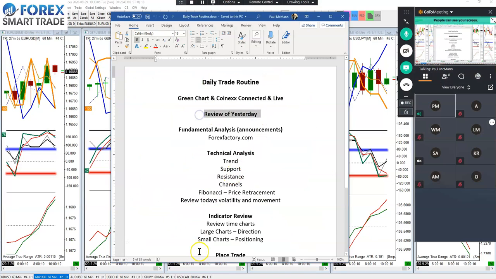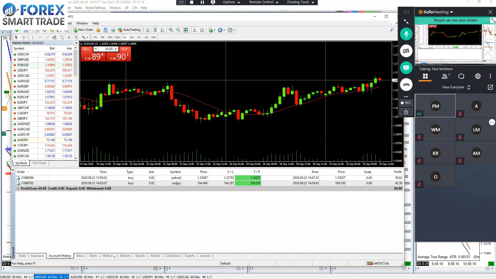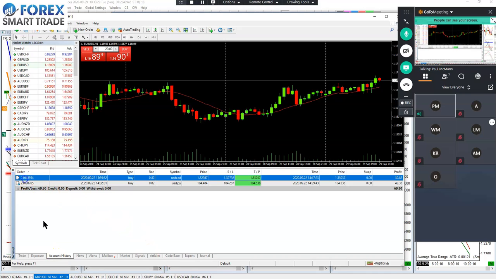Review of yesterday's trade. It's always good, especially as a new trader, to do a review at the end of every day of what you've done that day, what went right, what went wrong. It's not quite as effective since we're doing it a week apart, but last time we were together, we took two thick orange line trades, and both closed.